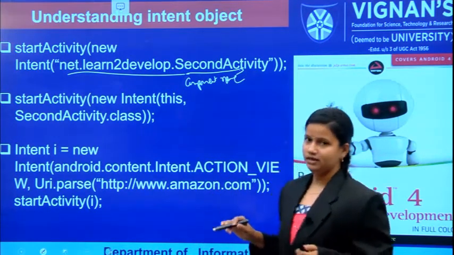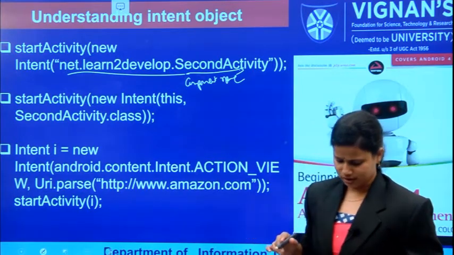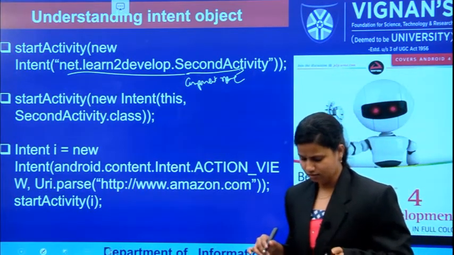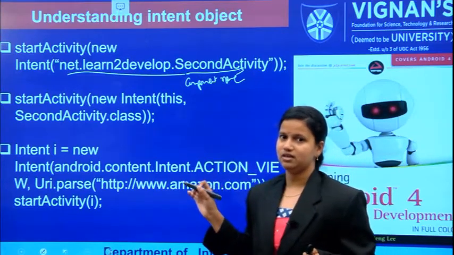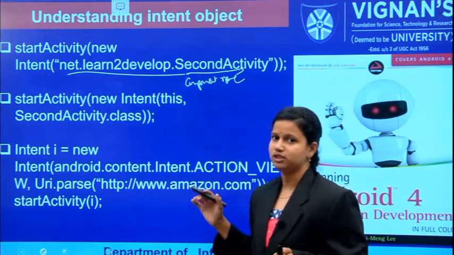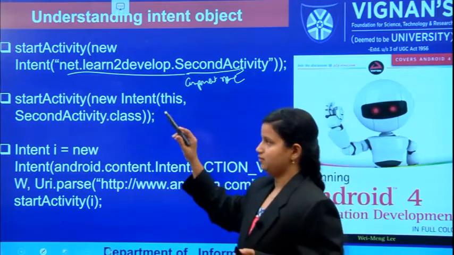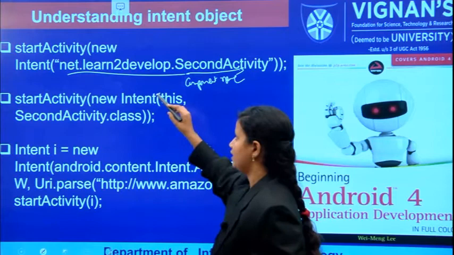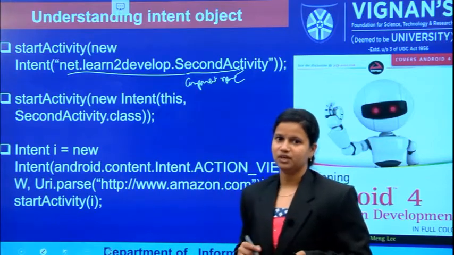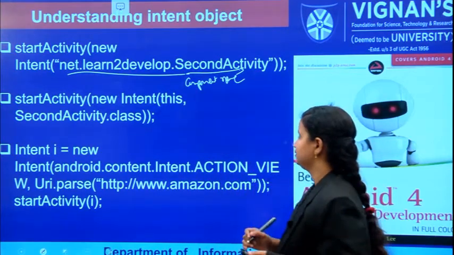While creating or starting an object, it is not a problem, but in understanding activities, there are different ways of object creation. One of the ways is startActivity of new Intent, and then we have to provide a component name.